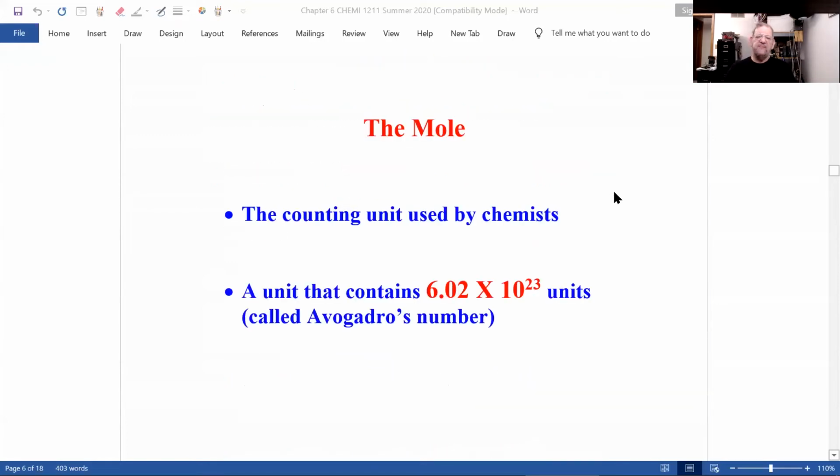All right. On Tuesday, I started talking about the mole. The mole is the counting unit used by chemists. One way of defining it is 1 mole is 6.02 times 10 to the 23rd, and that's called Avogadro's number.